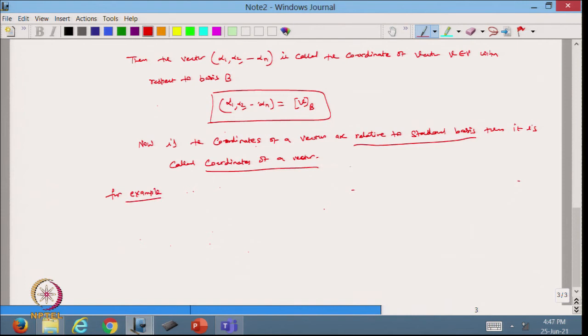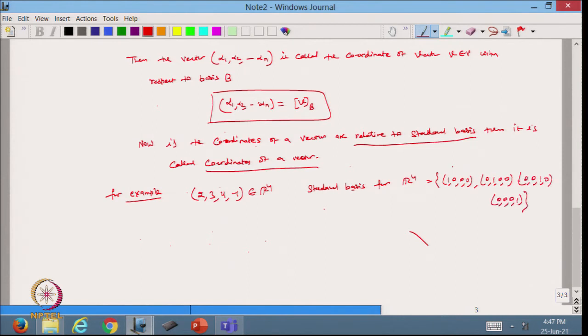suppose I take the vector 2, 3, 4, minus 1, and that belongs to R4. Now, we know that the standard basis for R4 is 1 0 0 0, 0 1 0 0, 0 0 1 0 and 0 0 0 1.